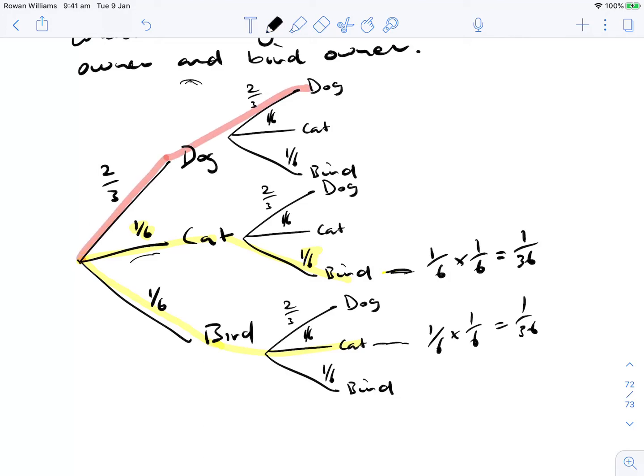Then I would do 2/3 times 2/3 equals 4/9. That would be my probability of getting a dog and a dog. So 4 out of 9 times that I did this selection, I would end up with a dog owner. So we'll just get that out of the way.